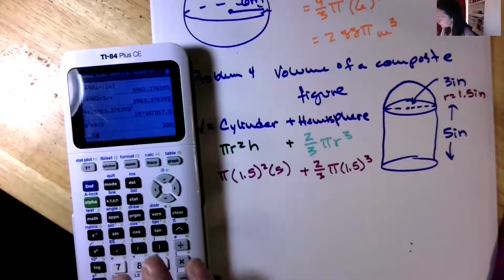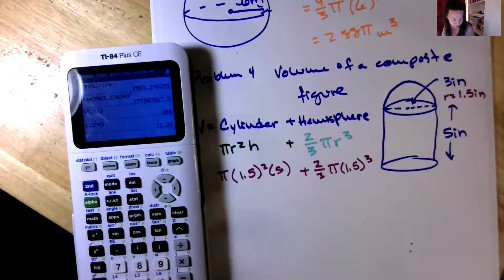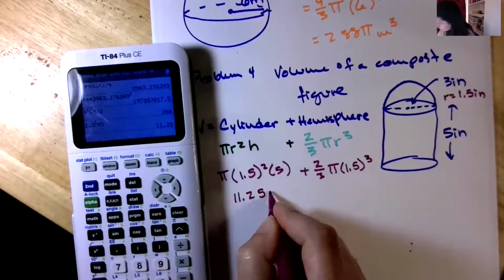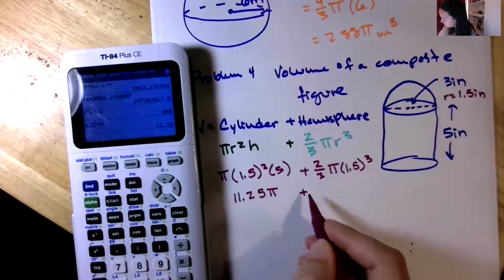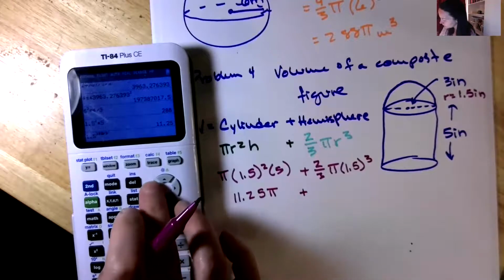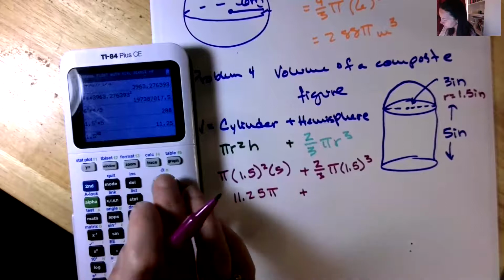So 1.5 squared times 5 equals 11.25 pi plus 1.5 cubed times 2 divided by 3. Uh-oh, that didn't work out well because it didn't come out of my exponent.